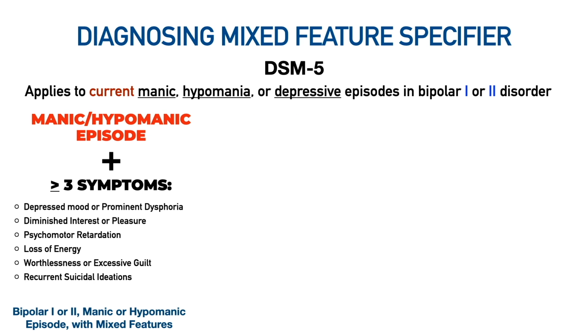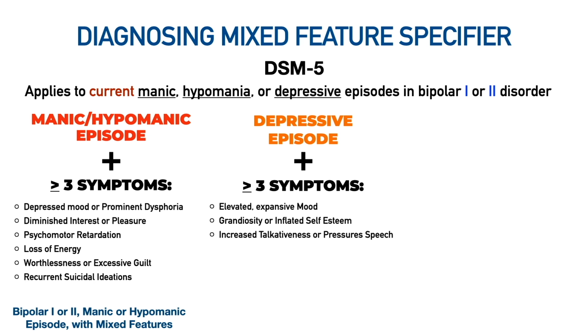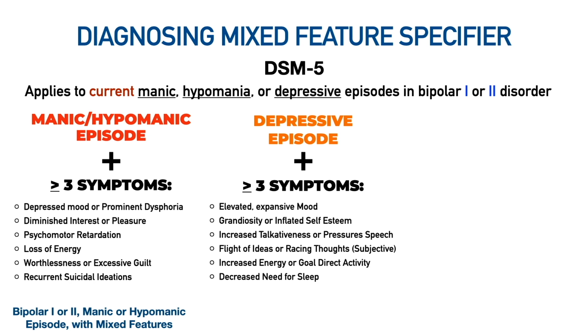Now, if a patient is presenting with a depressive episode with 3 or more of these symptoms: elevated expansive mood, grandiosity or inflated self-esteem, increased talkativeness or pressured speech, flight of ideas or subjective racing thoughts, increased energy or goal-directed activity, decreased need for sleep, or increased involvement in risky activities.